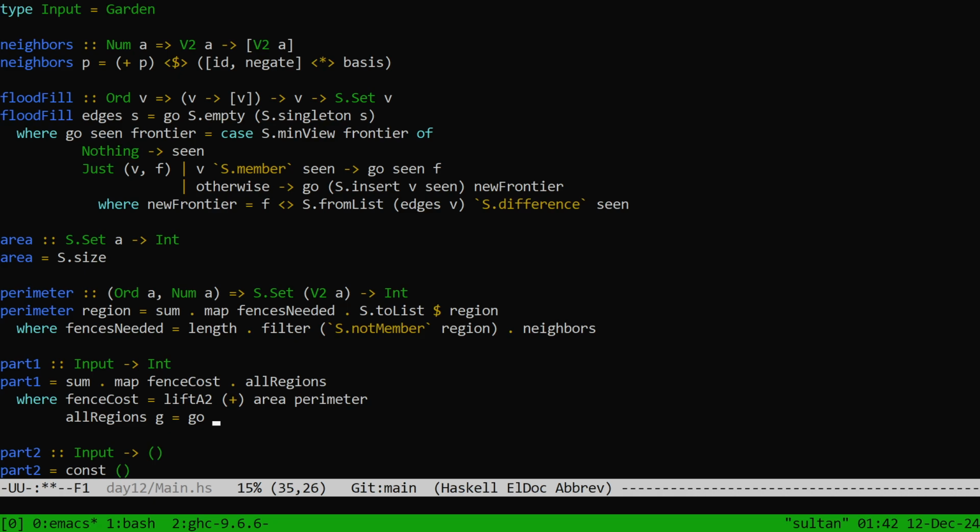So I need a set of all the plots that have not yet been assigned a region, which is just to take the array and convert it. I think it might just be s.fromList of a.assocs of G, because, yeah, that makes sense.